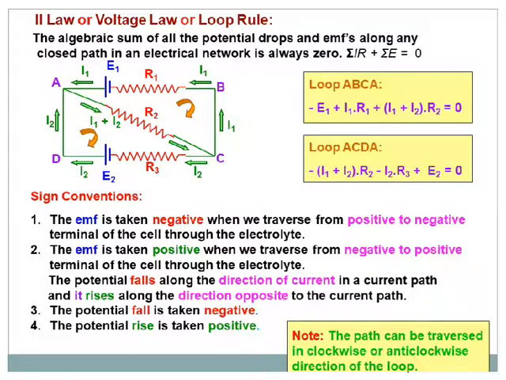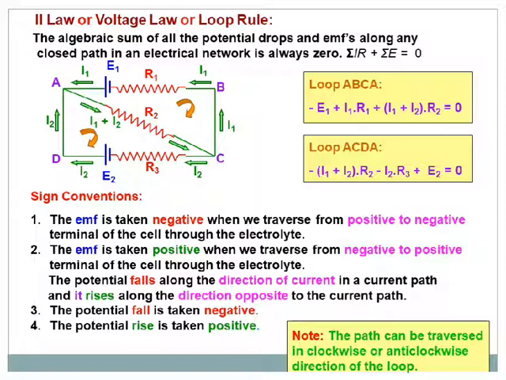The diagram is having 3 resistances and 2 EMFs, and current is given. Direction of current is also given. So there are two loops. There are two closed paths that we can consider. First closed path is A B C A, the upper triangle, and the second path is the lower triangle, which is A C D A, and wholly you can say A B C D A. All right.